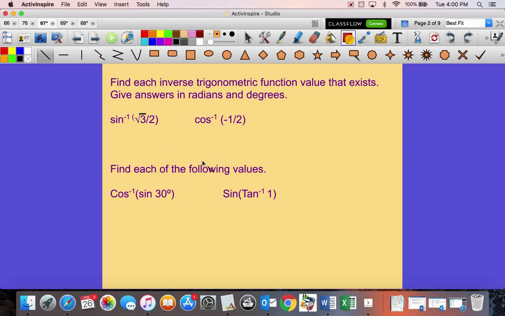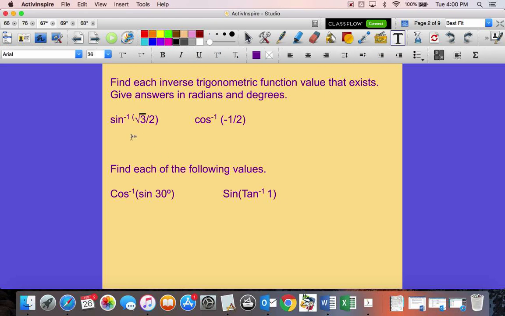Now one thing that you can do is type this directly in your calculator. Sine inverse of square root of 3 over 2, if you type that in, we would just get 60 degrees. When we take that and change it to radians, remember we have to multiply by pi over 180, which would give us the 60 and the 180 cancel down to pi over 3.